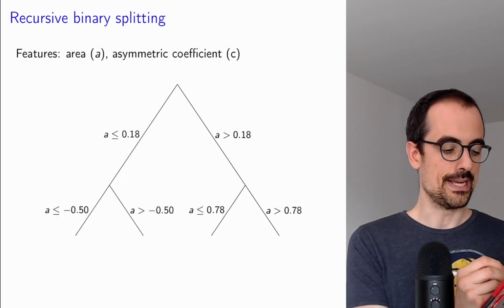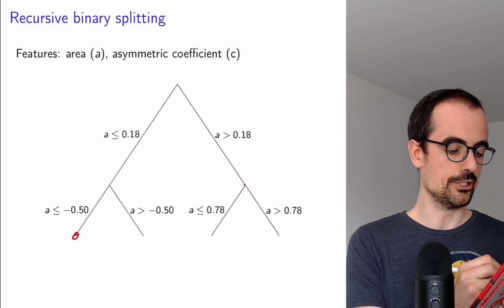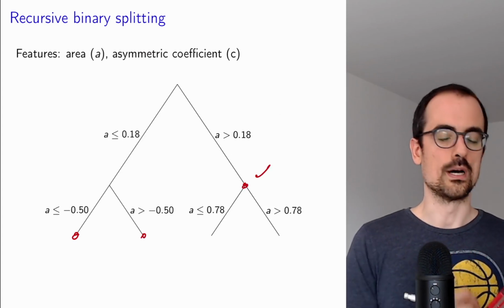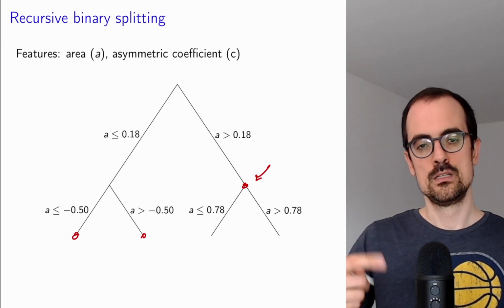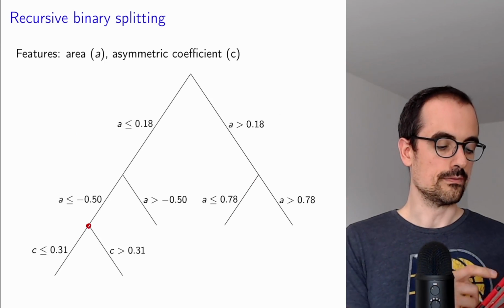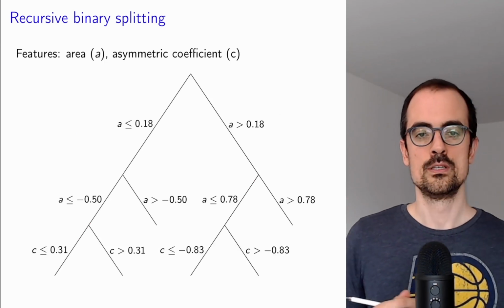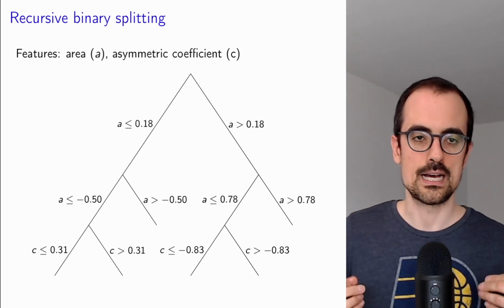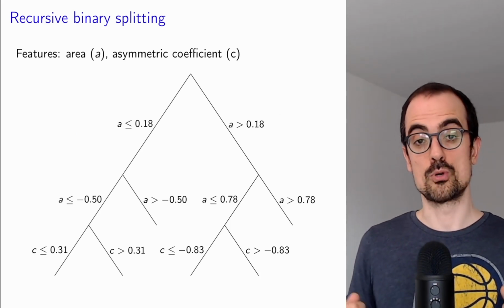The next best split between these 3 regions is to split this one according to the feature A. After that, the best split is to split this region according to the feature C, and so on and so forth. So hopefully, like this, you can understand how this recursive binary splitting procedure works.